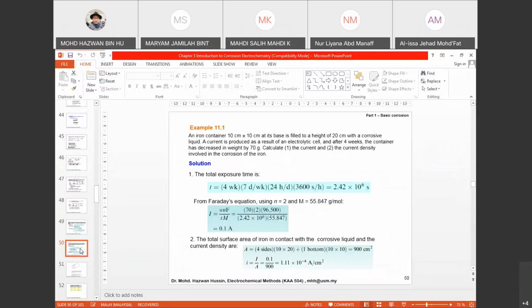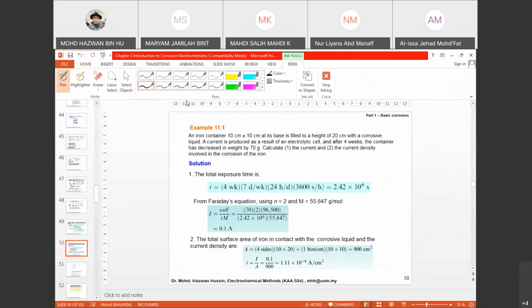Okay, so we have an iron container that has a base of 10 times 10. So if you imagine that you have a container with a base of 10 times 10, okay, luckily this time my pen works well. Over here.